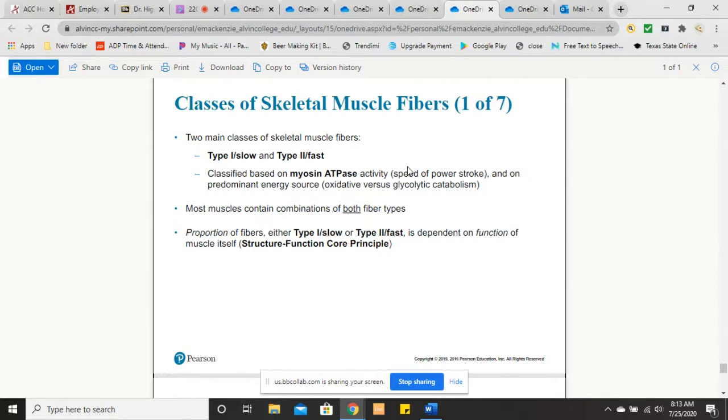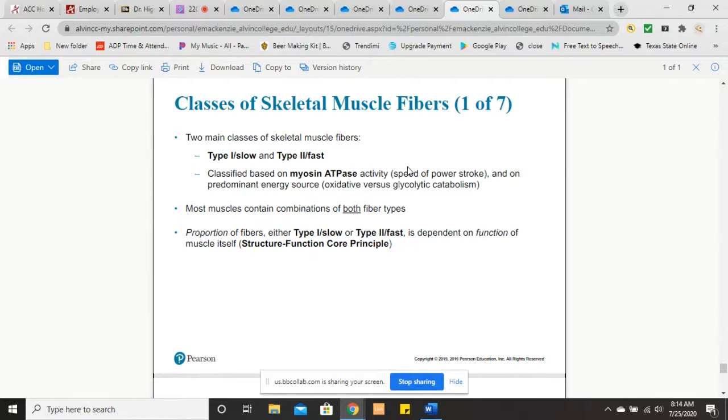Think sprinting muscles, your leg muscles, those sprinting muscles, or those in your fingers. That's why your fingers can move really fast, but they cramp up and get tired very quickly because it has this high myosin ATPase activity. It's burning through the ATP quickly to get you to move quickly, and you will get tired quickly. It has very weak endurance.